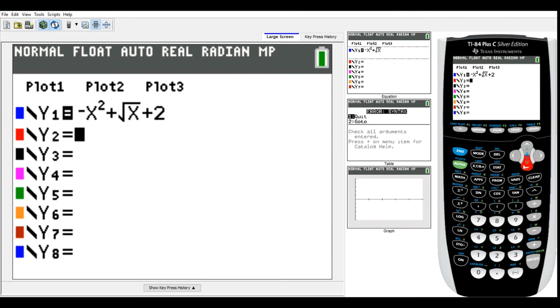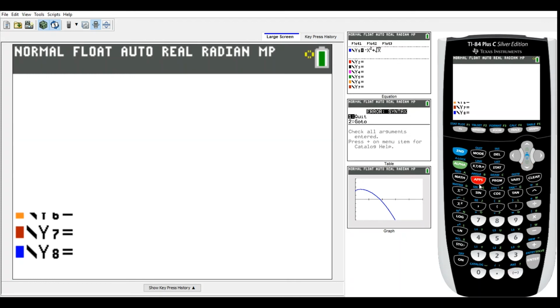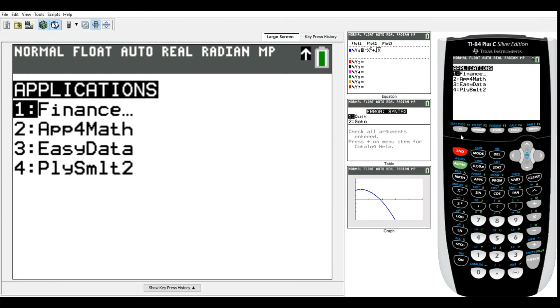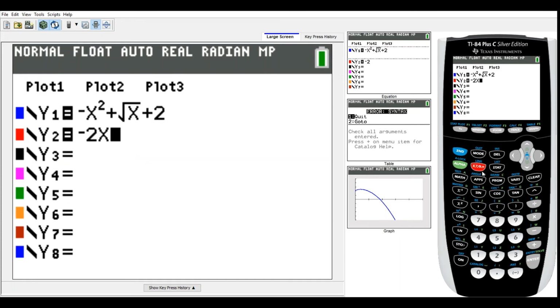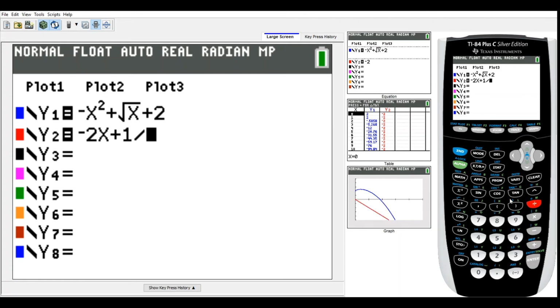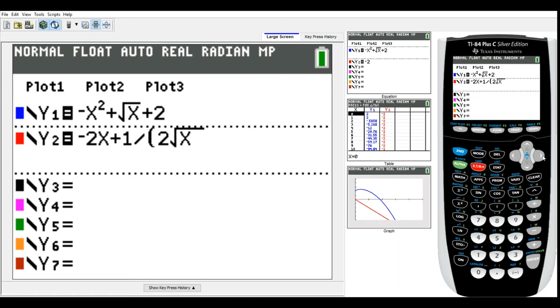We'll just type that into y2 here. So there's y1. y2 was minus 2x, let me go back into my y equals here, there we go, minus 2x plus 1 over 2 times the square root of x.